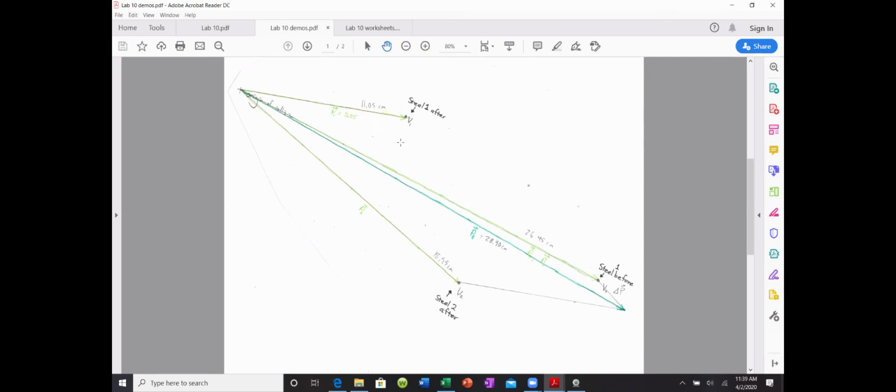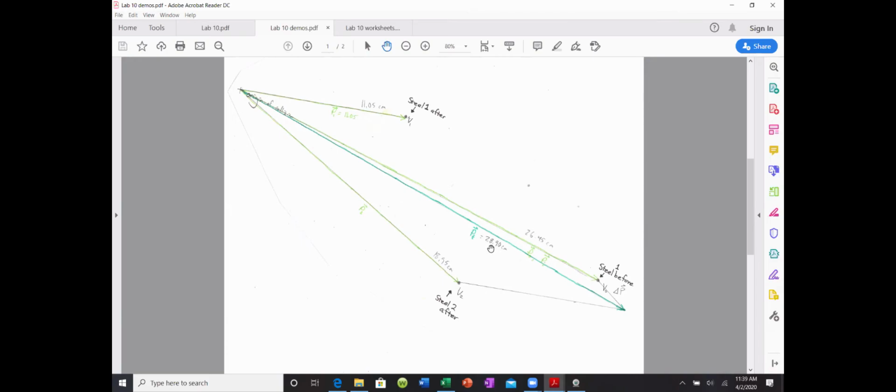So in this case, what was P1? It looks to me like it says 11.05. What was P2? 18.95. Now, what do you get if you just add those together? I think 11.05 plus 18.95 adds up to be exactly 30.